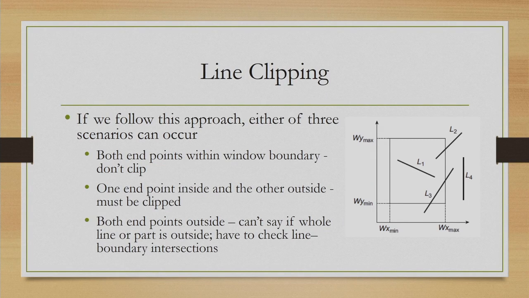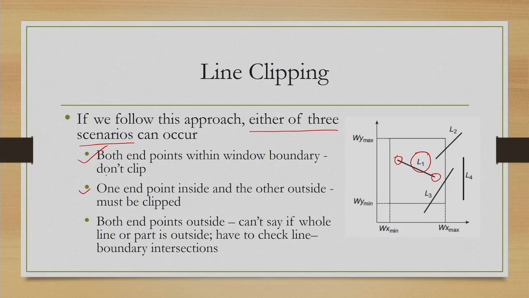But there is a problem. If we follow this approach, there can be three scenarios. In the first case, both endpoints may lie within the window boundary. Consider this line segment L1. Here both the endpoints are within the boundary, so we do not clip.